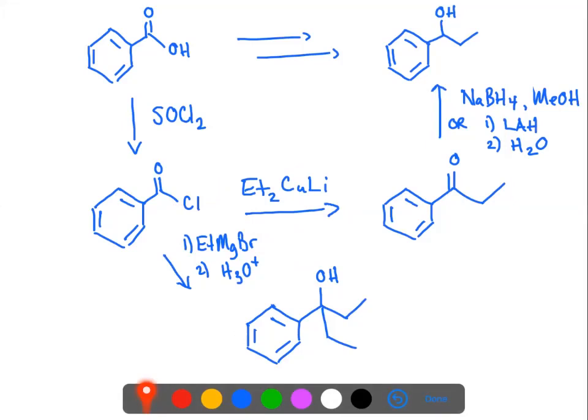So just a point to make that, yes, we may have a variety of alkylating agents that we can use, but we have to be careful in our selection. If we were to use organolithiums or Grignards in this example, we would have ended up with the wrong target alcohol. And so it was really important to identify the Gilman reagent as the ideal alkylating agent to get us to this ketone, which then we could reduce using either sodium borohydride or lithium aluminum hydride to give us our final alcohol.